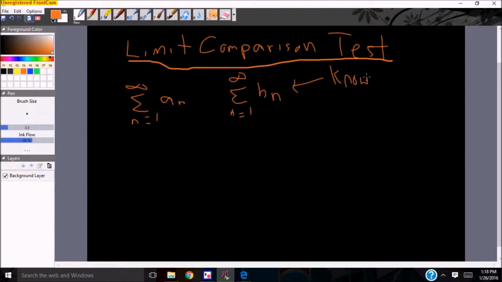And once we determine this b sub n that we know, we take the limit as n goes to infinity of a sub n over b sub n.